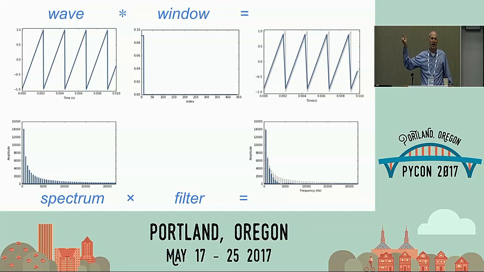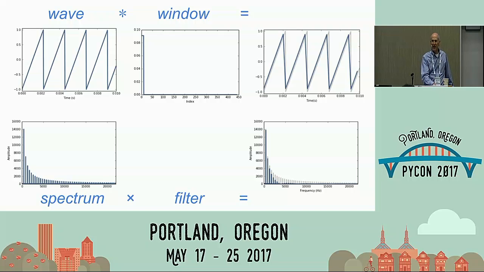When you apply convolution in the time domain, in this case I'm taking a wave and convolving it with a window, and so I get a smooth version of my wave. In the frequency domain, what's happening is that my spectrum is getting multiplied by a filter, and I'm getting something like a low-pass filter. And you can see again the gray part there, those are the frequency components that are getting either eliminated or attenuated.